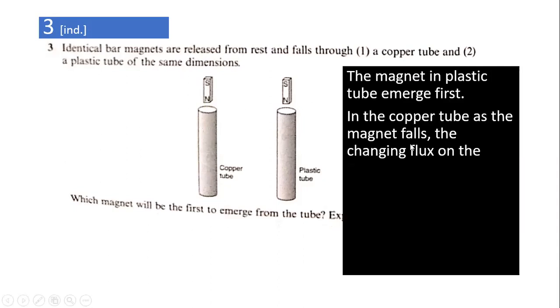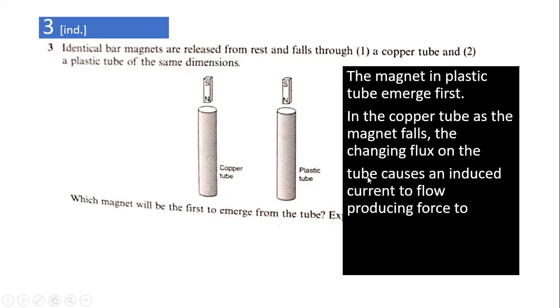In copper tube, as the magnet falls, the changing flux on the tube causes an induced current to flow, producing a force to oppose the motion. Right? So it opposes the motion, it will decelerate the motion. Okay, that's the reason. Anything not clear?